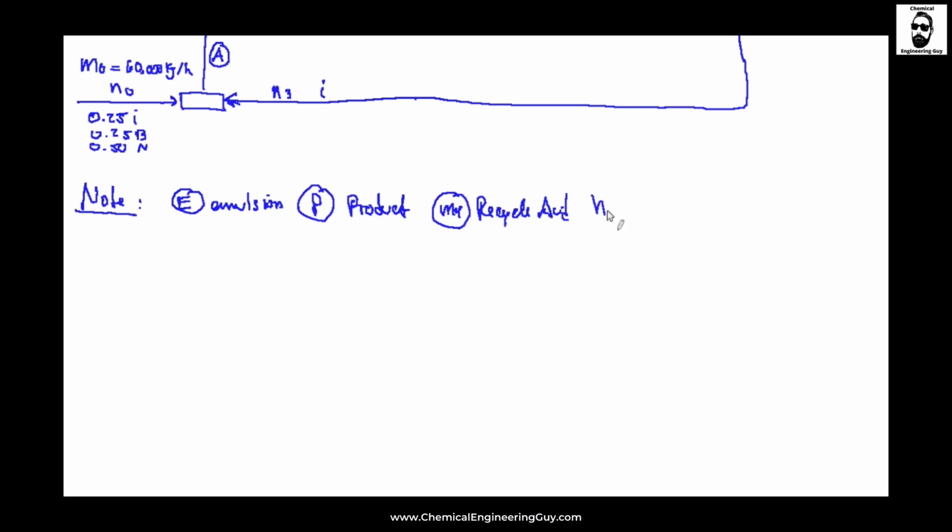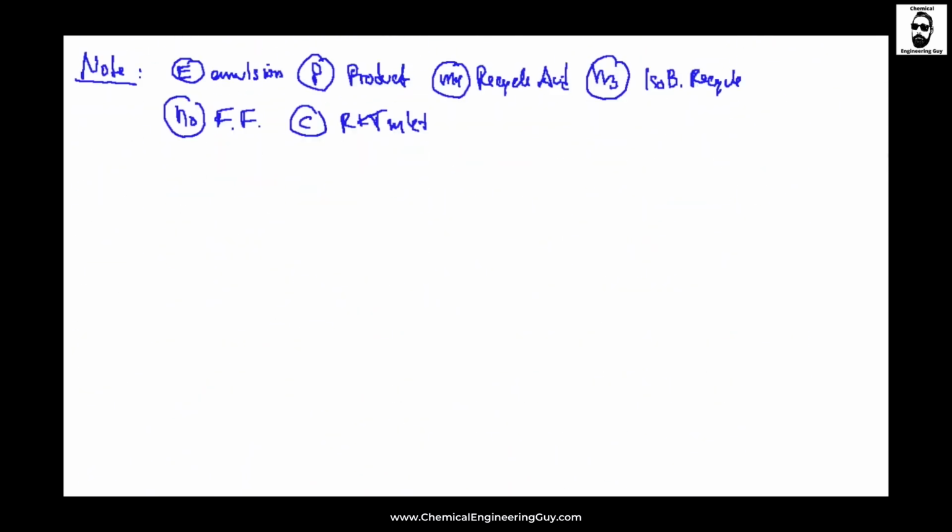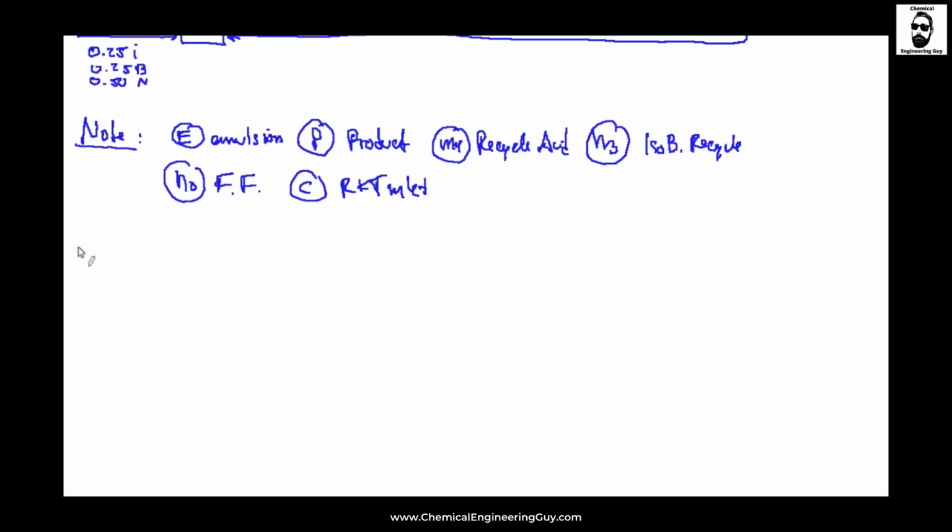N3 is for isobutane recycle. And N0 is for fresh feed. And C is for reactor inlet. I think you just need that. I don't want to explain A, B, and D, but you know what those are.